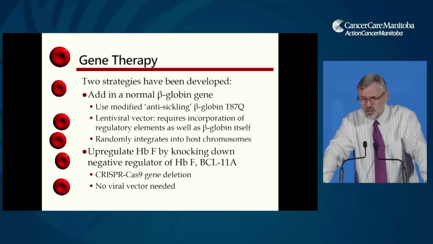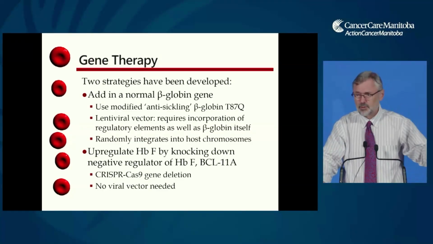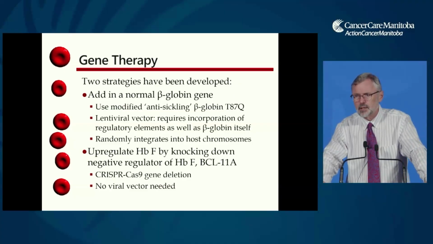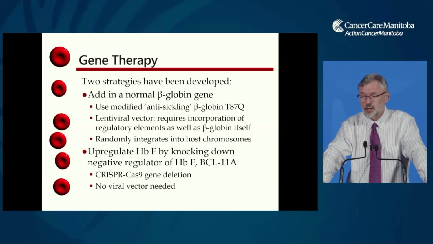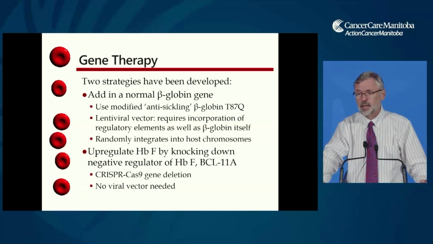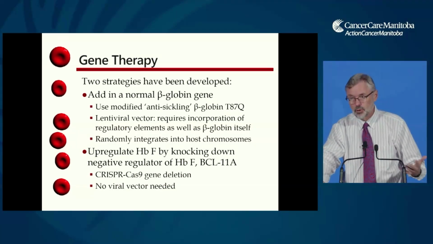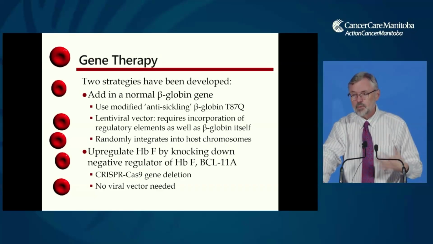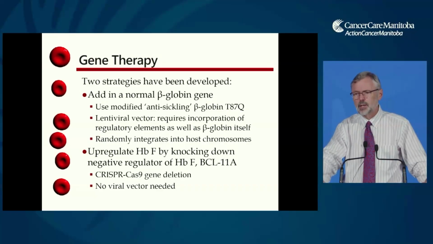Two completely different strategies have been developed. The science of this is so powerful nowadays that two completely different ways of doing this have been done. Both work. Both are actually licensed in the States, but only the second one is licensed at the moment in Canada. One where you add a normal beta globin gene to make sort of normal hemoglobin.